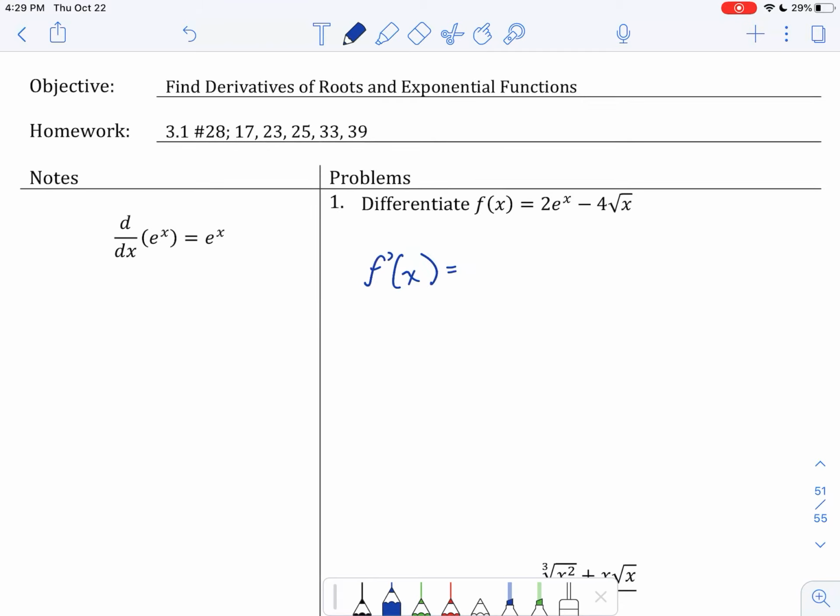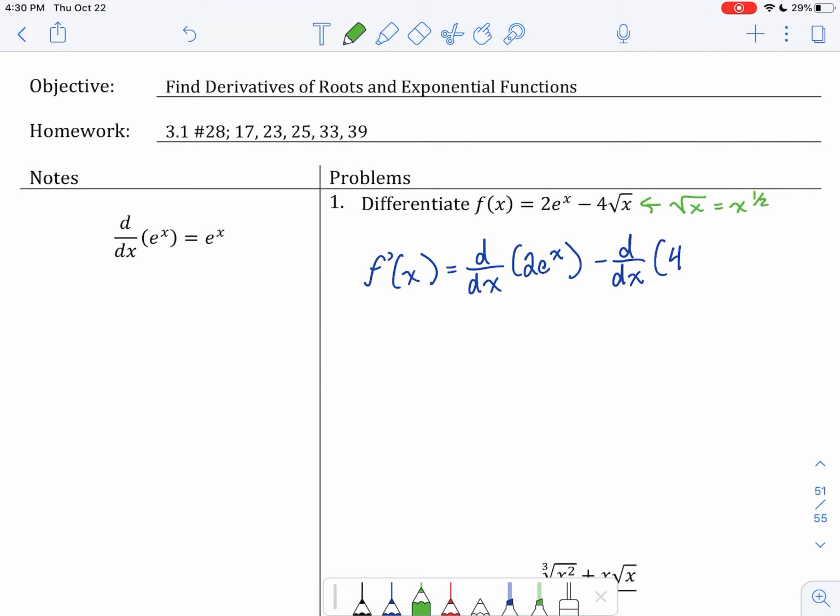So f prime of x, the derivative, would be d dx of 2e to the x minus d dx of 4, and I'm going to rewrite root x, because this is going to be applying the power rule, as x to the 1/2.